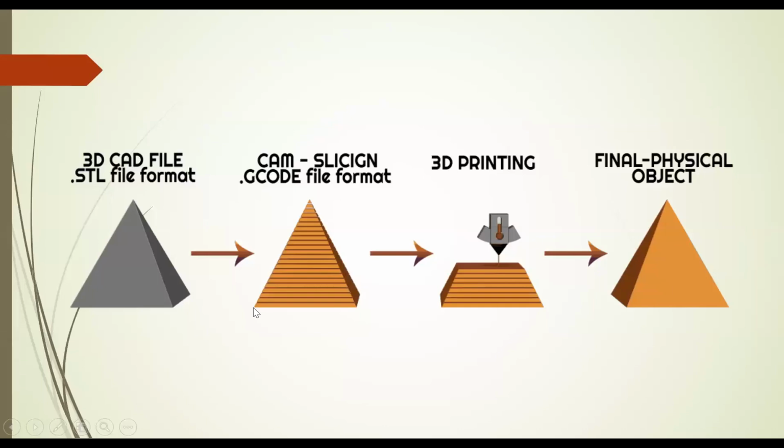Like this is X 100, Y 100, Z 0. This is minus X 100, minus Y 100, Z 0. And here Z will be 100, X and Y are 0. This software converts the design into X, Y, and Z coordinates, right? Then the printer will start, and then it is the final object. So this is the process.